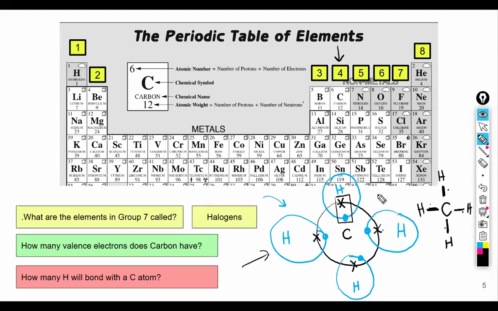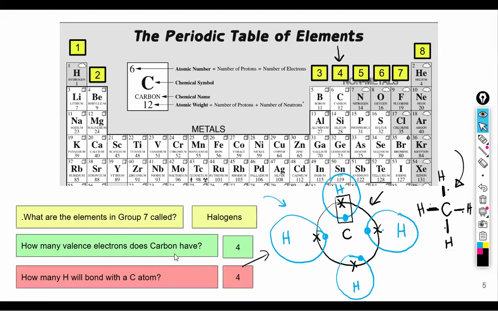Because you see these diagrams, we're going to have to draw them so many times, we have to find a little shortcut to help us out. Okay? So just to answer the last two questions: how many valence electrons does carbon have? 4. How many hydrogens will bond with one carbon atom? The answer, as you all know, is 4.